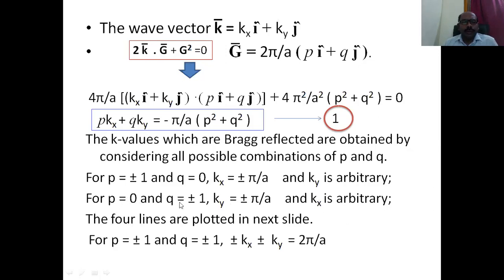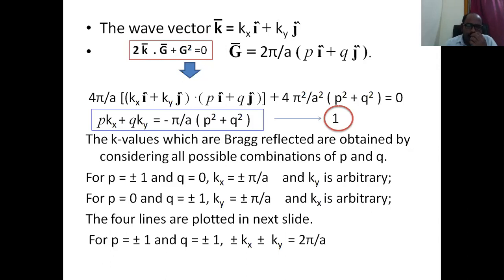So we got kx equal to plus pi by a. That is one equation. Kx equal to minus pi by a, another equation. Then ky equal to plus pi by a, third equation. Ky equal to minus pi by a, fourth equation.